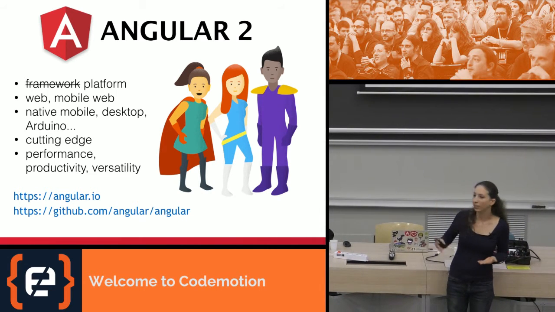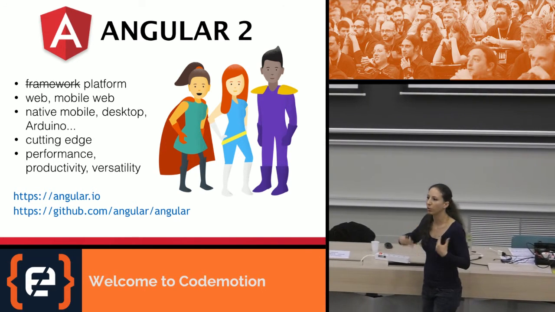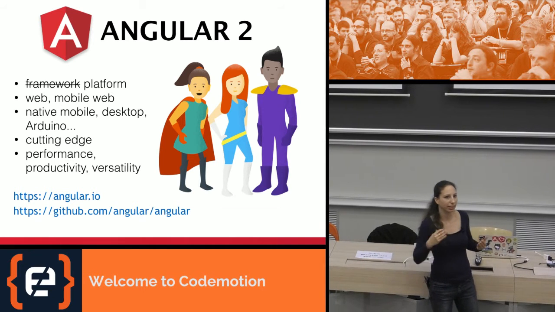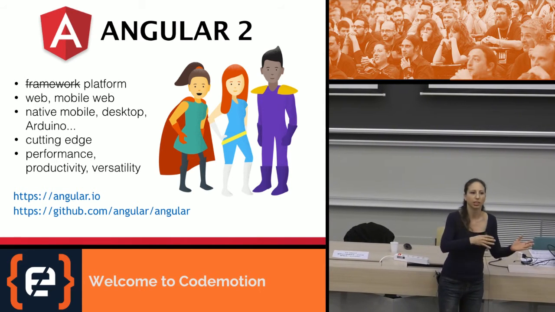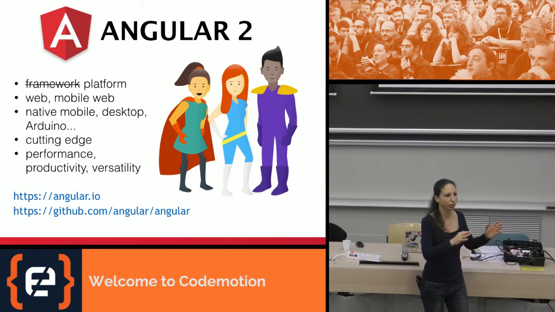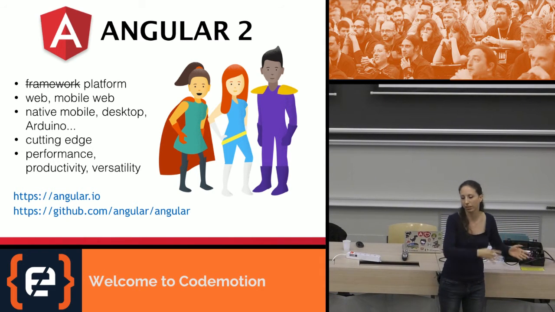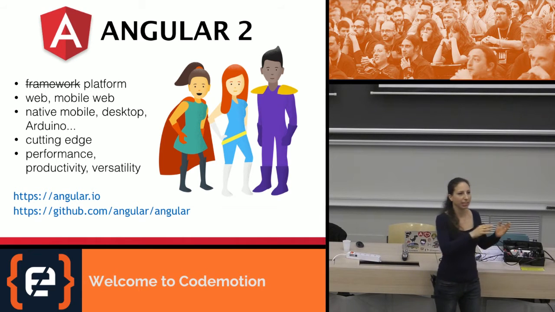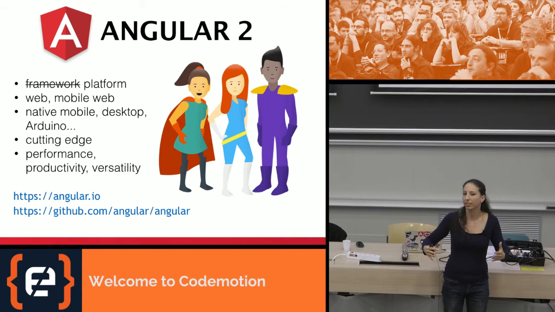They think about productivity. That's for us, the developers, so that we can write something once, learn how to write it, and then reuse the same code for different things. We don't really need to learn how to do different parts of the application in different ways. It's all the same.